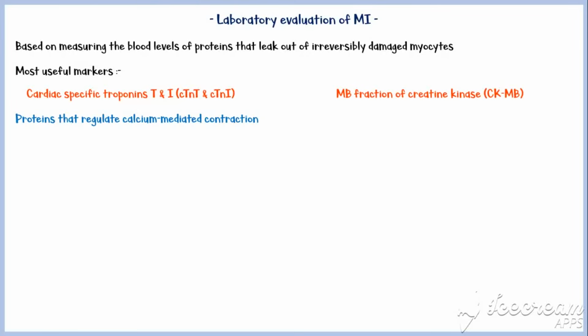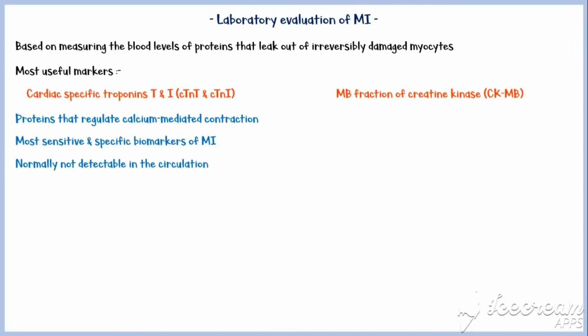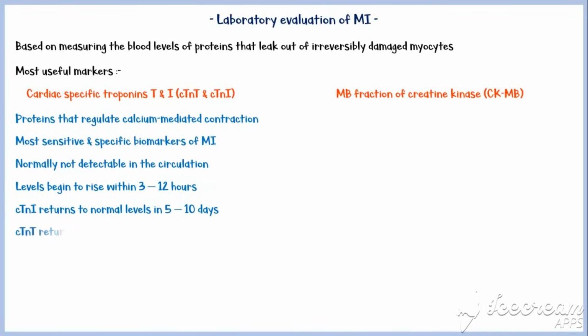And they are the most sensitive and specific biomarkers of myocardial infarction. They are normally not detectable in the circulation, and the levels begin to rise within 3 to 12 hours following an infarction. Troponin I returns to normal levels in 5 to 10 days following the infarction, whereas troponin T takes about 5 to 14 days.